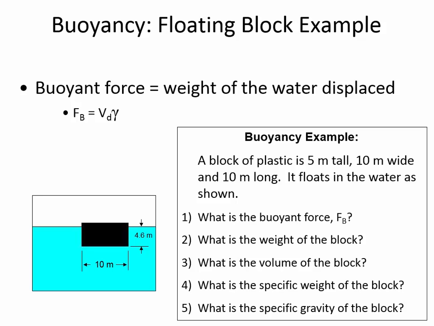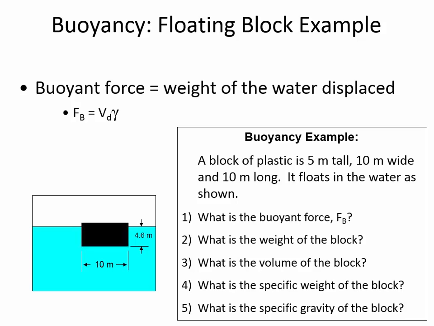It's not a coincidence that you could say the specific gravity is 92% of water. What percent submerged is it? It's 92% submerged. And so the unit weight and the percent submergence has a relationship there.